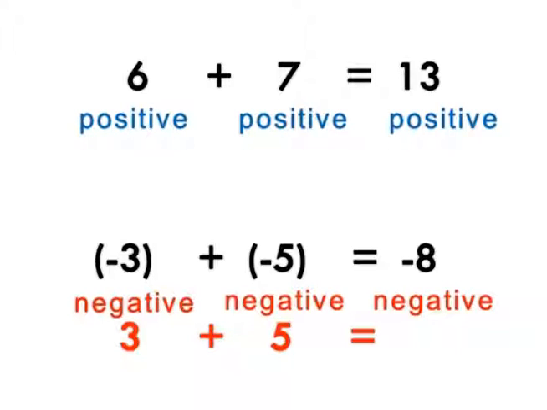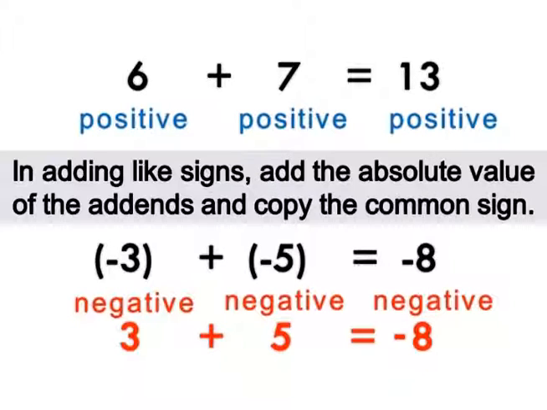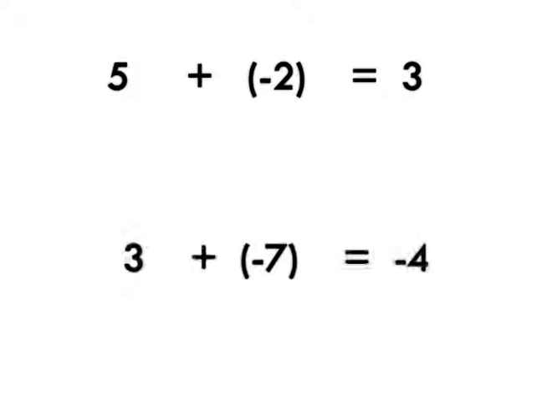And they have the same negative signs, and the sum is 8, and the negative was being copied. So therefore, we can conclude that in adding like signs, we will add the absolute value of the addends and copy the common sign.